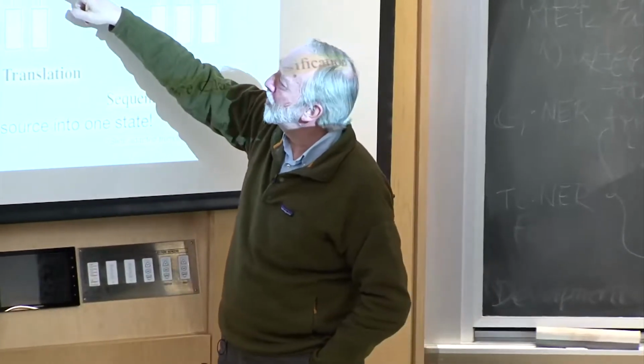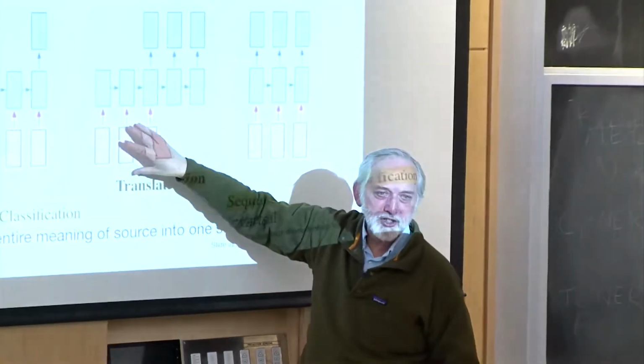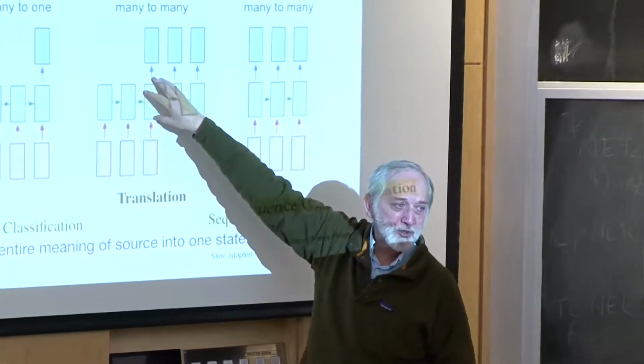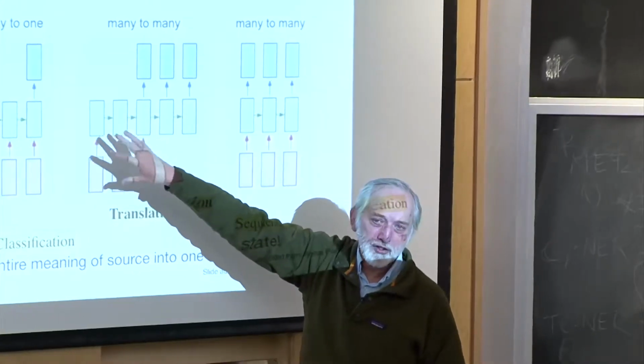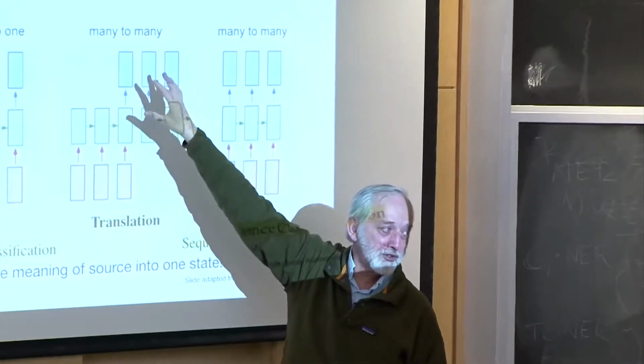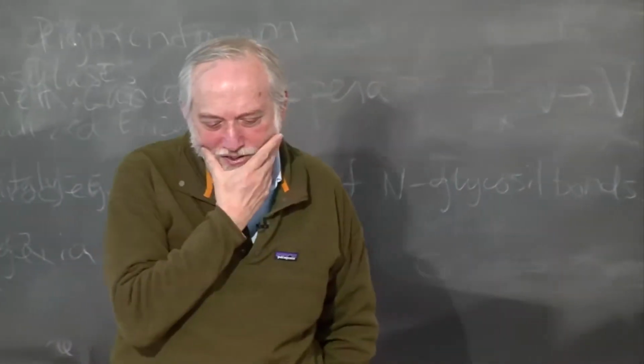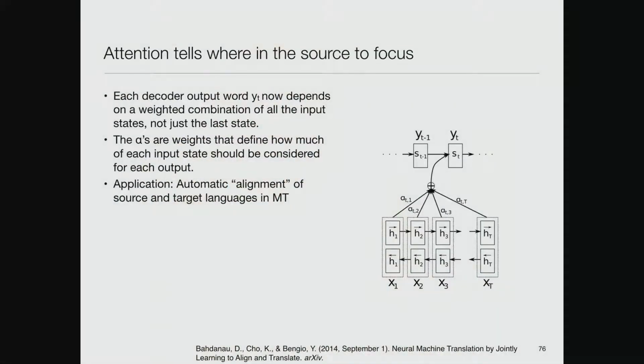But the critical feature here is that in the initial version of this, everything that you learned about this English sentence had to be encoded in this one vector that got passed from the encoder into the decoder, or from the source language into the target language generator. So then someone came along, namely these guys, and said, wouldn't it be nice if we could provide some auxiliary information to the generator that said, hey, which part of the input sentence should you pay attention to?